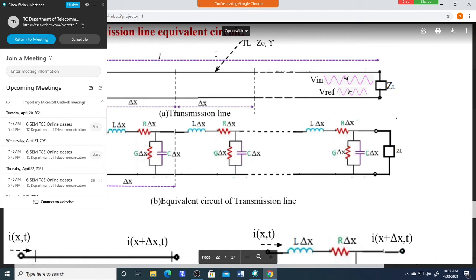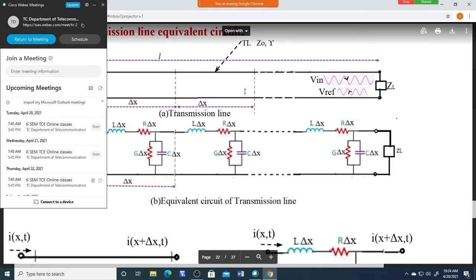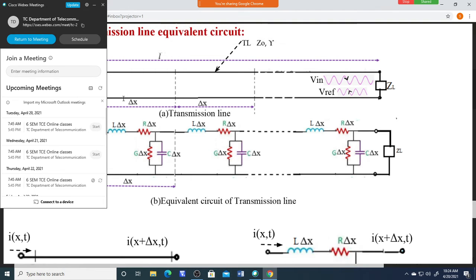So on the transmission line, at any time there are two waves: one is an incident wave and the other is the reflected wave. Assuming the source is matched and ZL is not matched, one is an incident wave going like this and another is a reflected wave going like this.